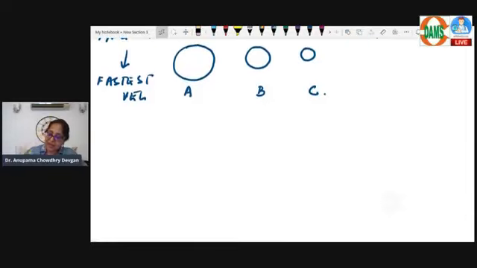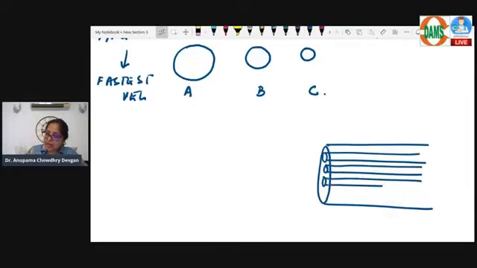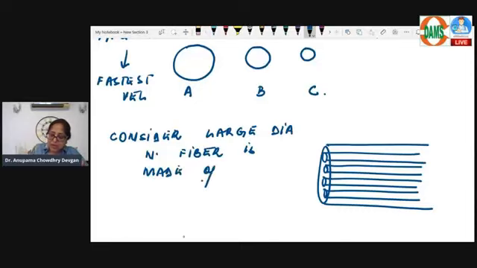Another way to understand is when I look at a large diameter nerve fiber, consider that it is made of smaller diameter nerve fibers in parallel with each other.